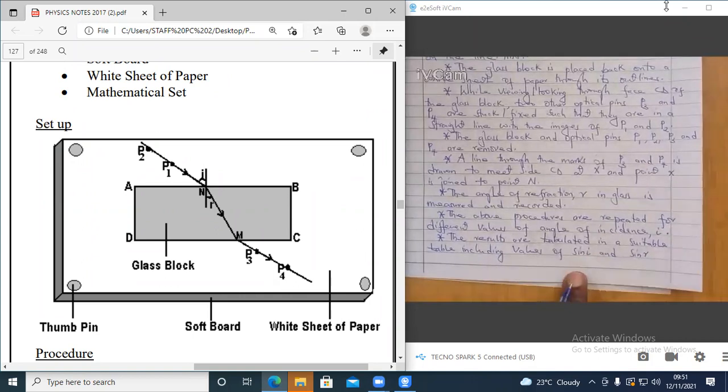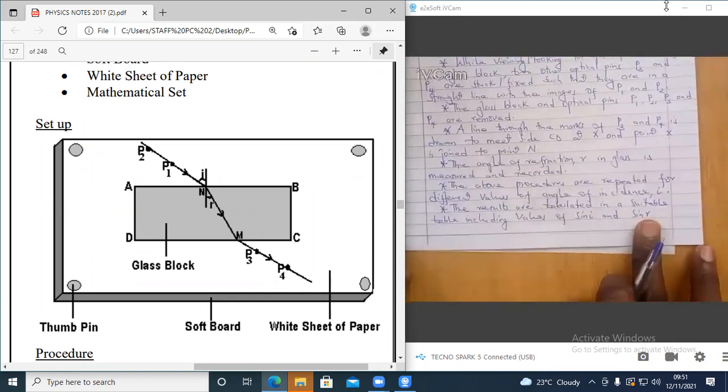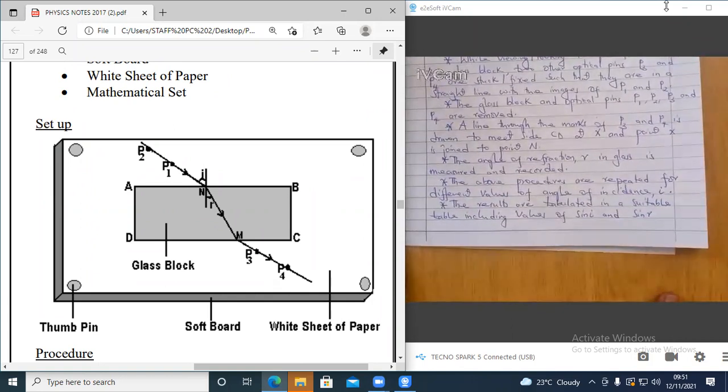Because for us to determine the refractive index, we need sin I and sin R. Okay? Are we together, members?